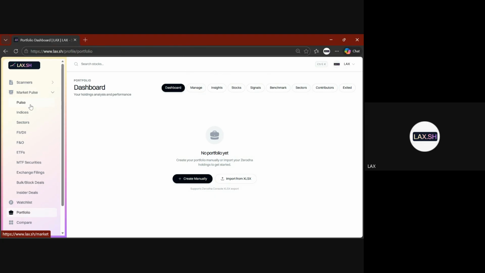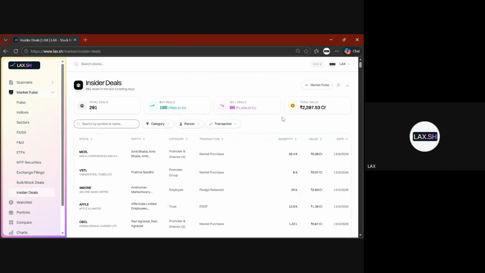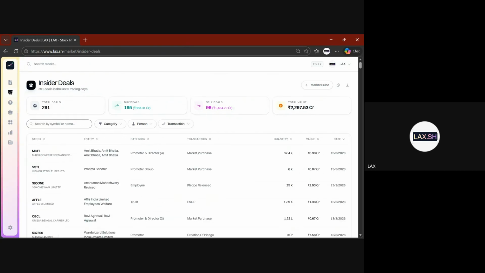And you'll have to spend some time. Unless you spend some time, you'll not be able to familiarize yourself. You have to make lax your home. It should start feeling like home. It will start feeling like home only when you spend 1 hour daily. Then you'll understand truly the power of it.